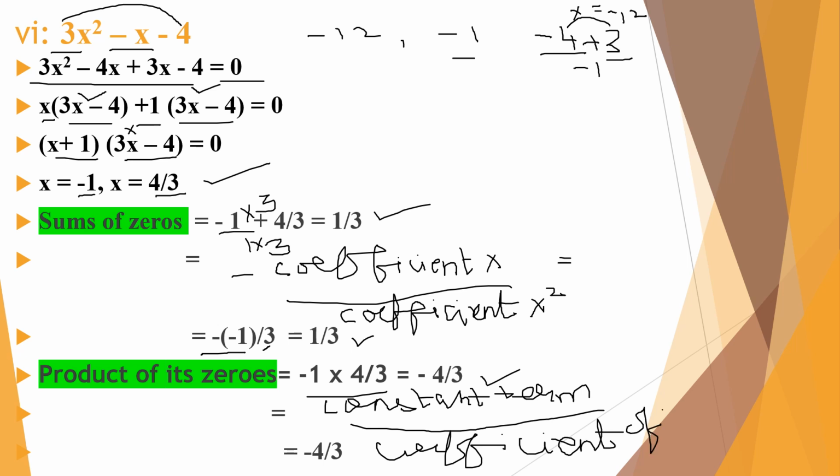So constant term is minus 4 divided by the coefficient of x square, which is 3. Whether it got verified: both the product of its zeros and after substituting in the formula we are getting the same answer. I hope this sum is very clear for you all.